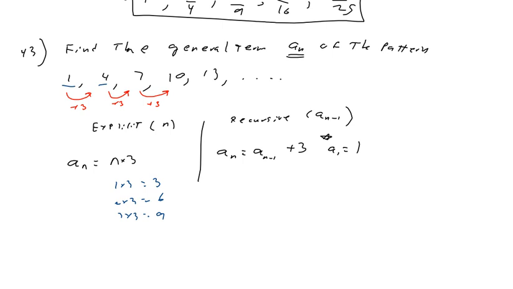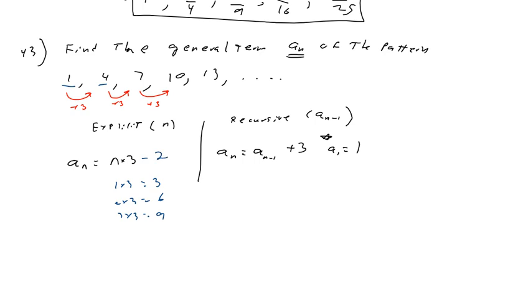But I can do something. I see all of these are off by a certain amount. 3, I want to go to 1. 6, I want to go to 4. 9, I want to go to 7. So it's not just n times 3. n times 3, and then I want to minus 2.